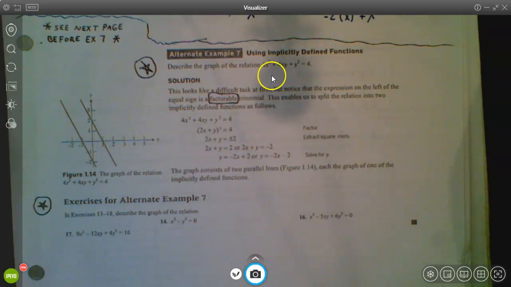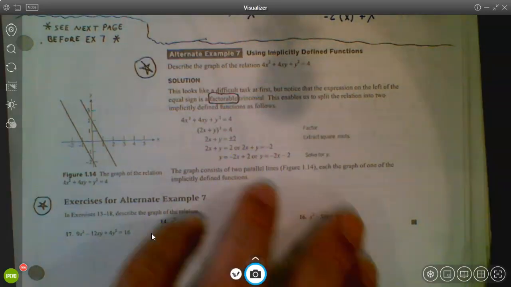Well, oftentimes as it's written in this form, it would be hard to identify what the graph would look like. But if we solve for y, get y by itself, and this is the same one that I just did on the previous page, I basically end up with two parallel lines. These were the two results that I got from my work on the previous page. And now when I have them defined explicitly, it's much simpler to describe what this graph would look like because this is what we're used to seeing.